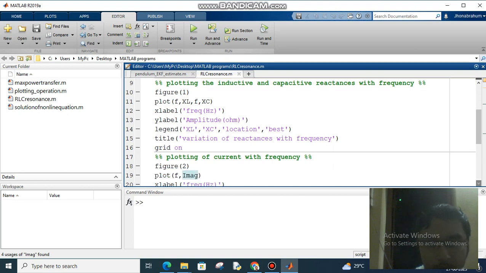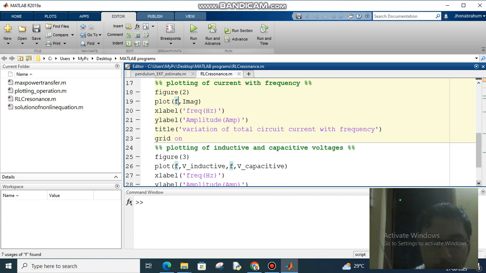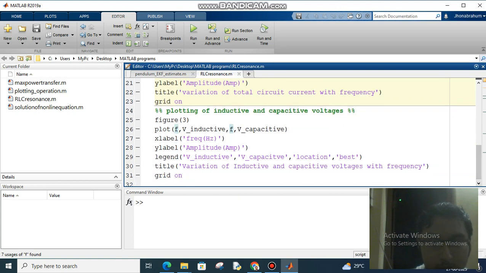The second plot shows the variation of current with respect to frequency. In this way we check the resonance condition. We are also plotting frequency versus inductive voltage and capacitive voltage, that means the drop across the inductive reactance and the drop across the capacitive reactance.